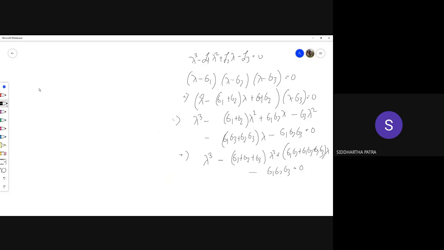Okay. So this is another way of proving that the invariants are going to be the same even in the principal directions. So I1 is essentially, comparing the coefficients of the like powers on either side, we can say that I3 equals sigma 1, sigma 2, sigma 3, and so on.